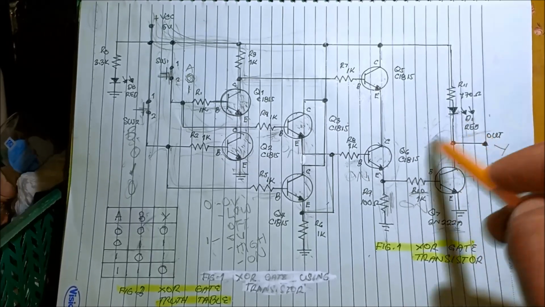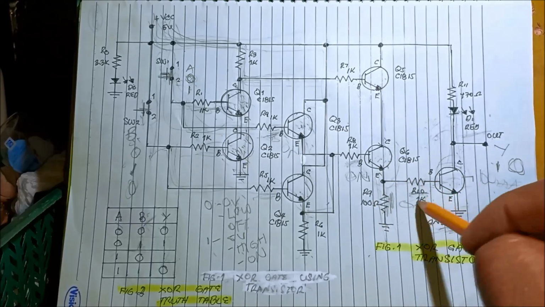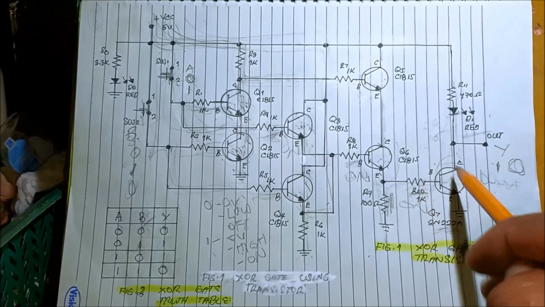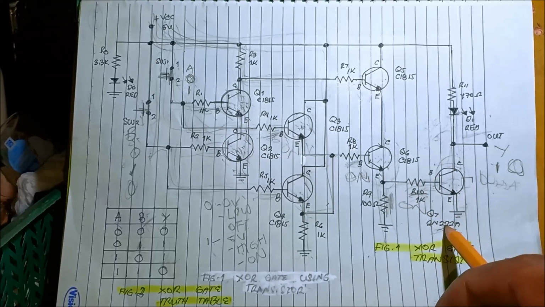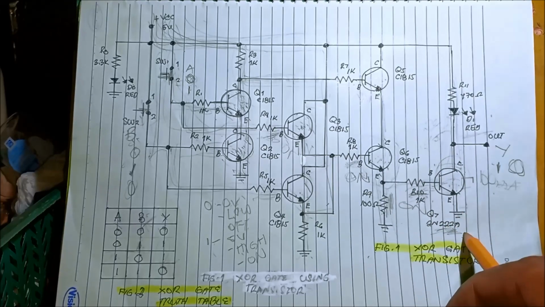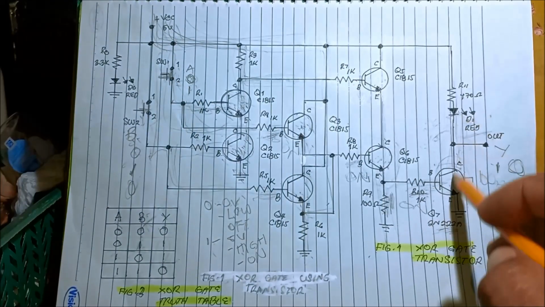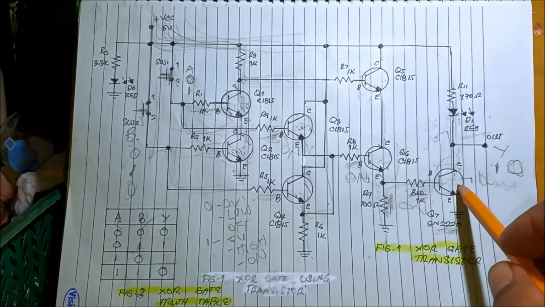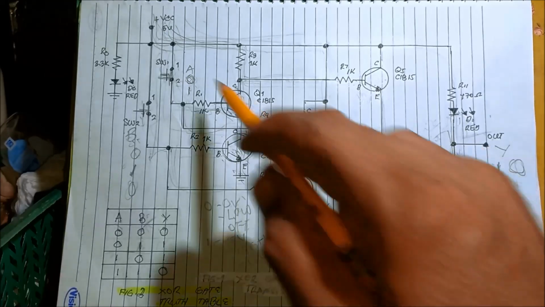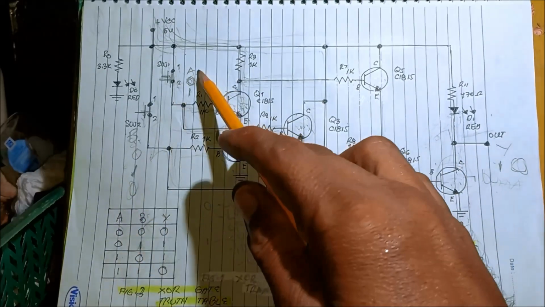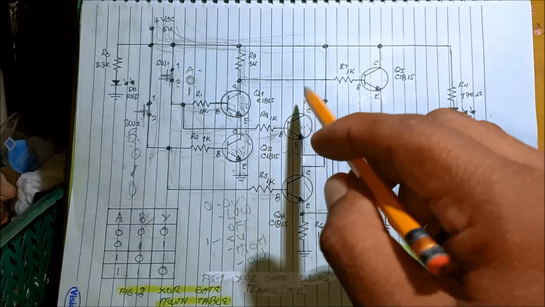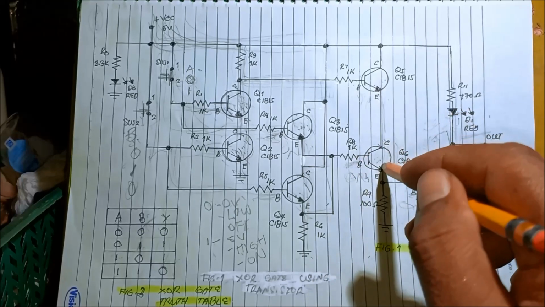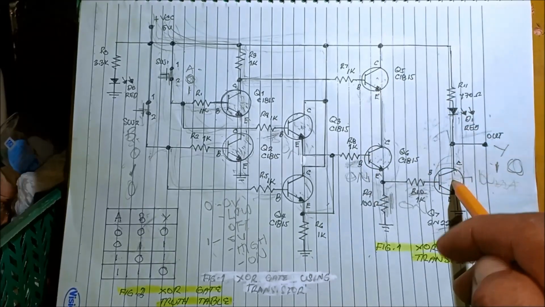So the LED turns on because there is a base current for this transistor. There's a triggering current for the base emitter of this transistor, 2N2222A. Current now flows into the LED to the collector emitter of this transistor. So when the switch A is 1, this transistor is on, and then this one, and this one.